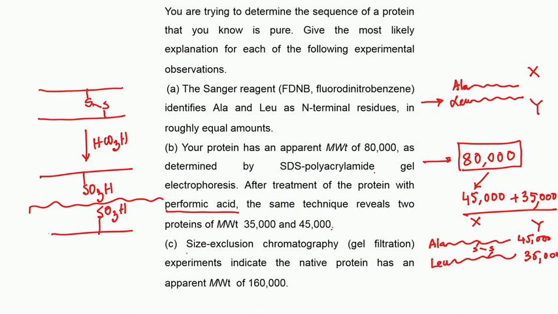The last one is size exclusion chromatography, that is called gel filtration, we have learned that. Size exclusion chromatography indicates that the native protein has an apparent molecular weight of 160,000. Now, size exclusion chromatography does not disrupt any structure of the protein. Whatever protein structure is there in the native state is retained.